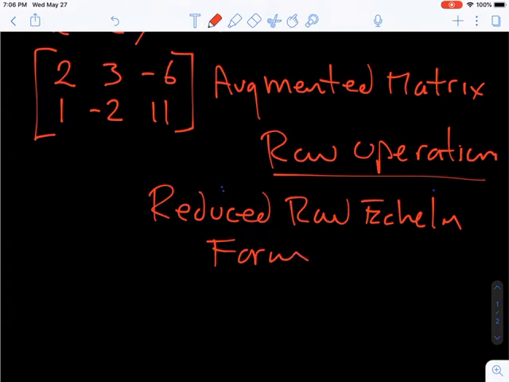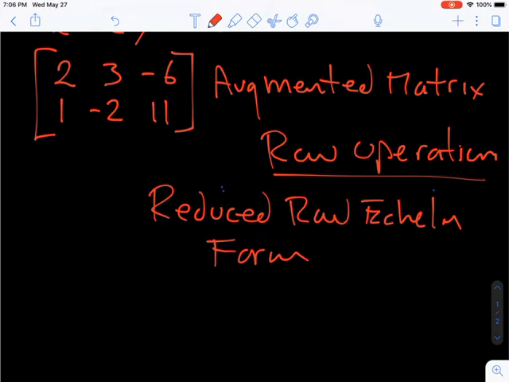And there are three row operations. The first row operation is to interchange two rows. And that, of course, is explained in my notes. The second row operation is to multiply any row by a non-zero number. And the third row operation is to add a multiple of one row to another row.